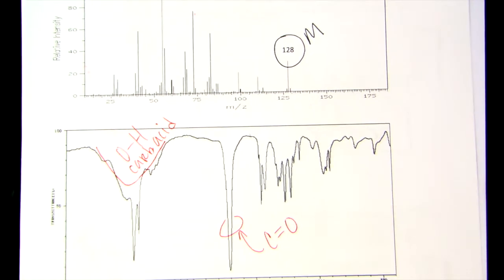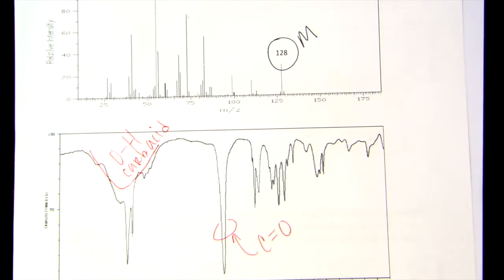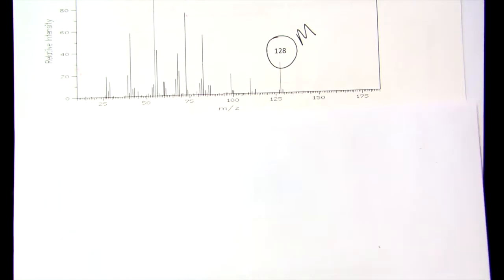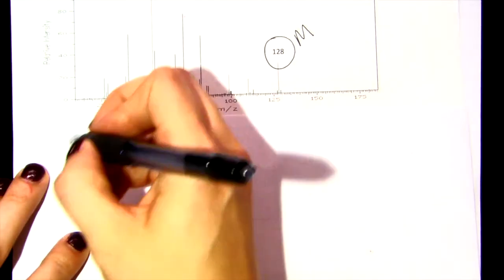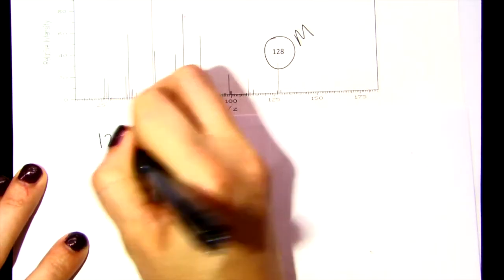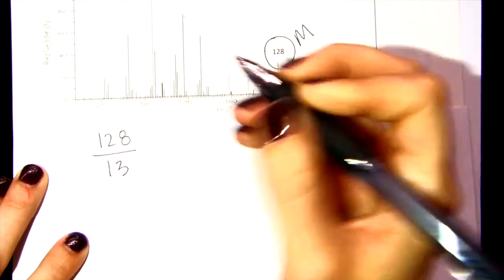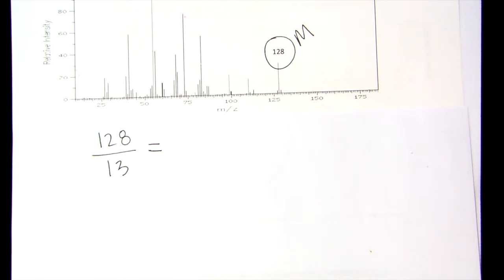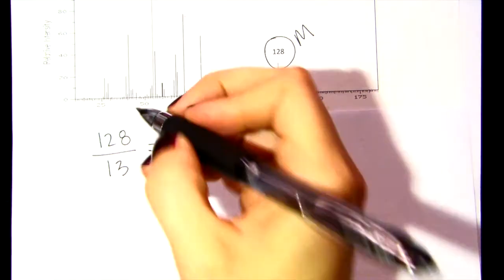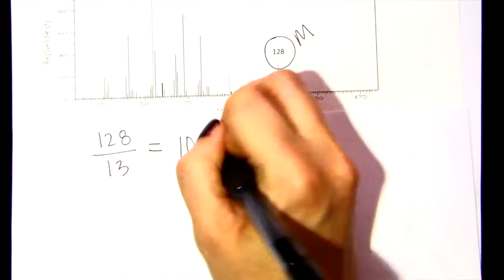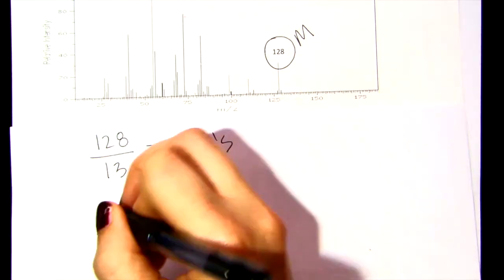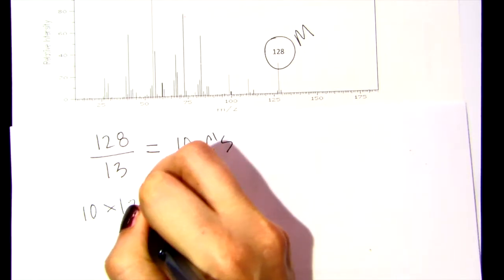So oftentimes for oxygens, you can hint at it, and I'll show you, let's pretend we didn't know the IR, how we would figure that out. Basically, we would do 128 divided by 13 to figure out our number of carbons. And that comes out roughly to 10. So if we have 10 carbons, 10 times 12 is 120, right?